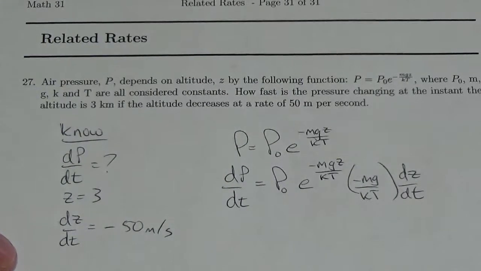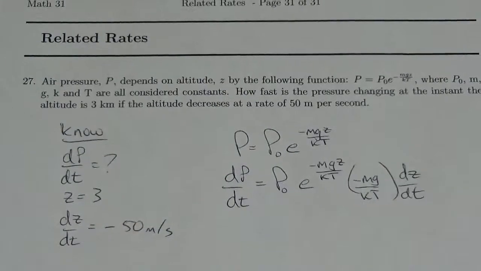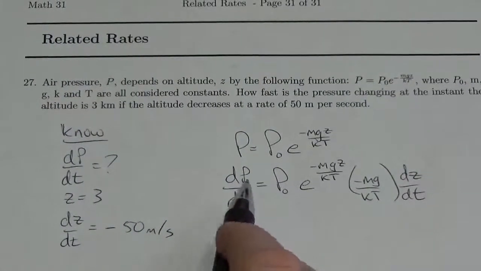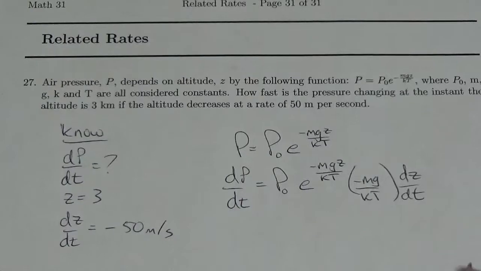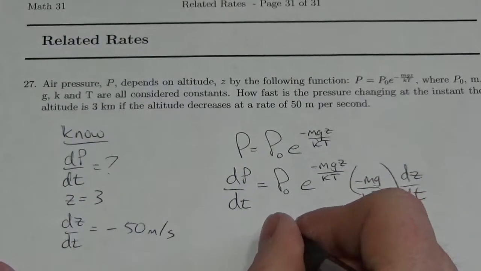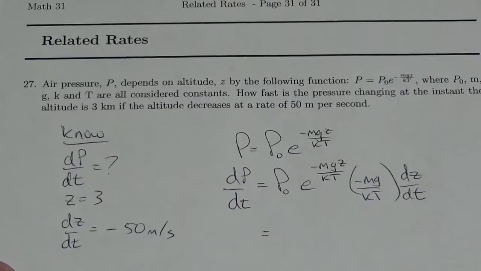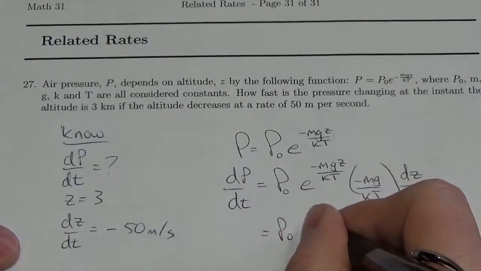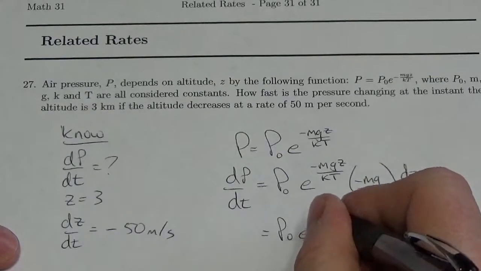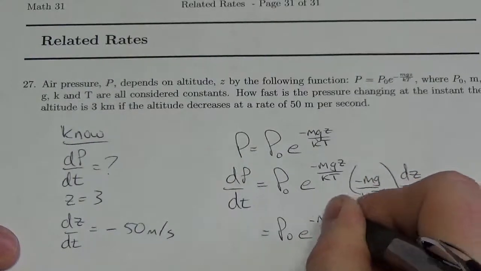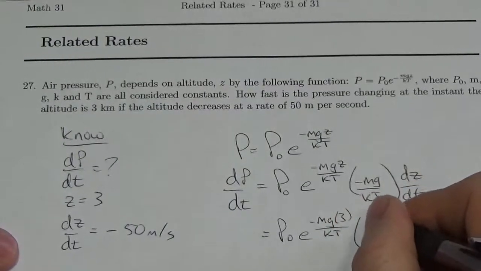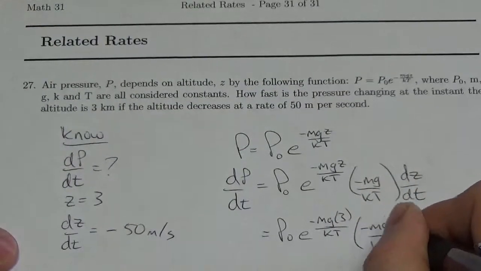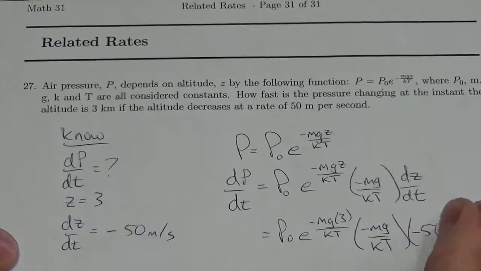Okay. So now we're just interested in how fast the pressure changes. So dp by dt at this particular value here. Well, there's really not much that we can do here other than plug in the values of the variable. So this is going to be P naught e to the negative mg times 3 over kt, and this will be multiplied by negative 50.